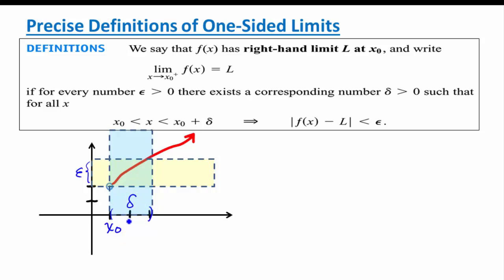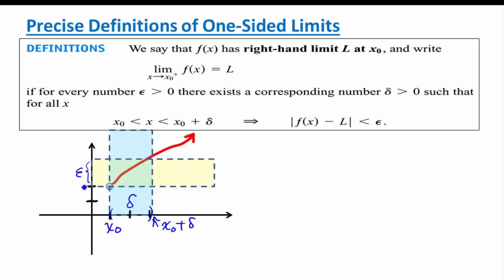But it's only on one side. Instead of a symmetric open interval around x sub 0, here it's just a one-sided interval, where one endpoint would be x sub 0, the other endpoint, of course, would be x sub 0 plus delta.